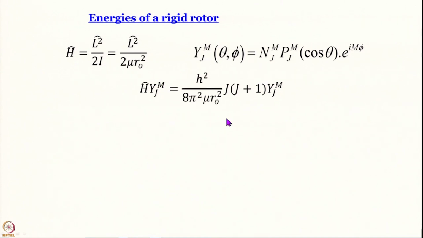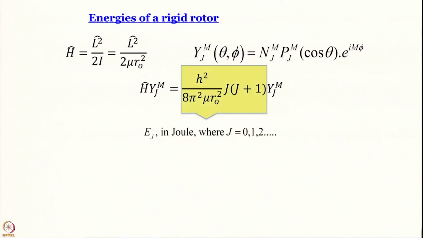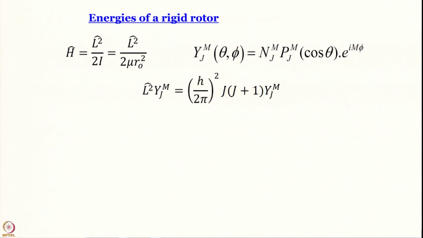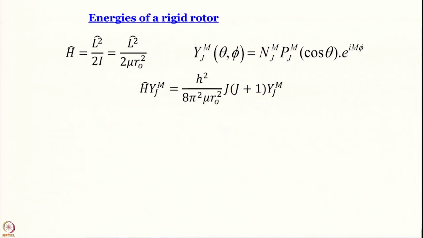Now, I simply divide it by 2I. Let us go back on that a little bit. This is L square. From there we go to the Hamiltonian, and to go to the Hamiltonian I have simply divided by what we had in the denominator, 2 mu r0 square.